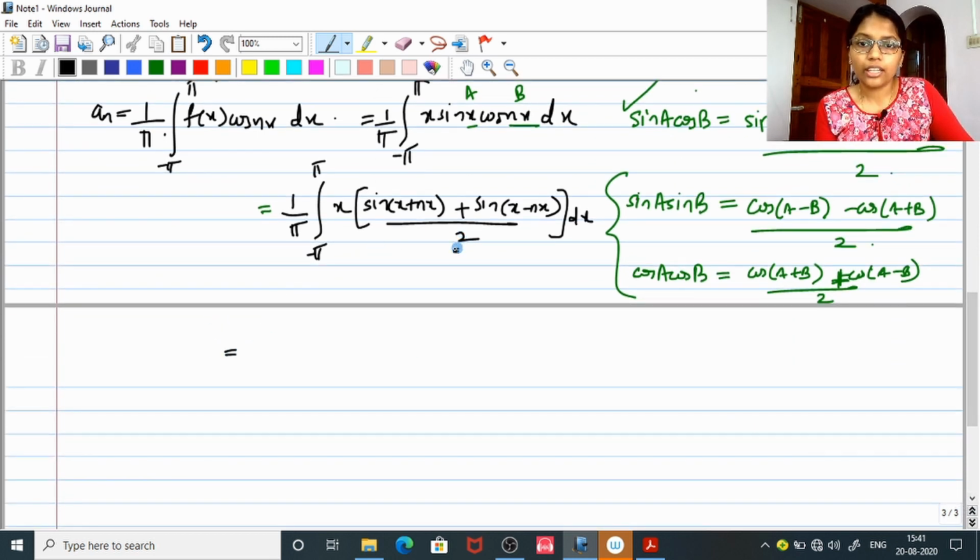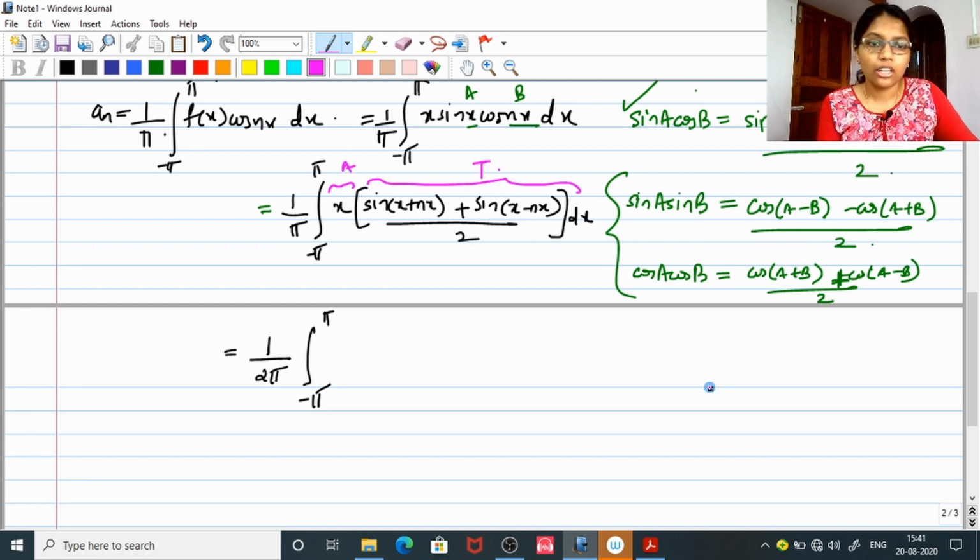I think I can take this 2 outside: 1 by 2 pi, integral from negative pi to pi. Let us have the table method here again, isn't it? Here you can see this is x and this is a completely trigonometric function. So we can have the table method again, which means x and sin of x plus nx.